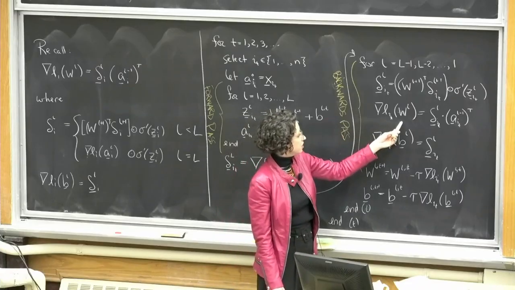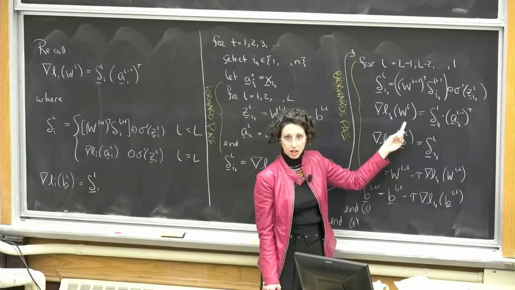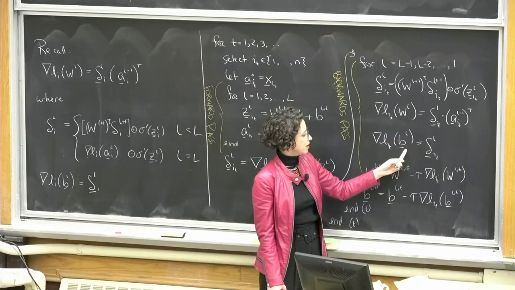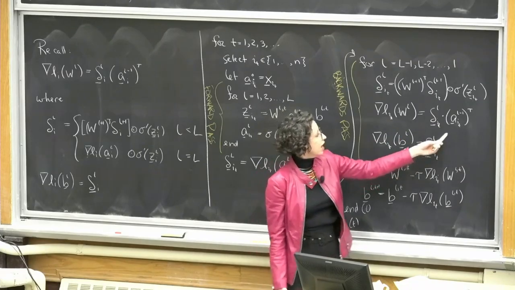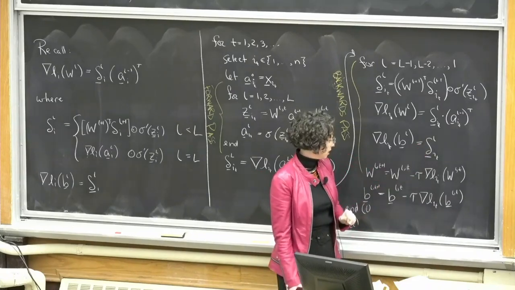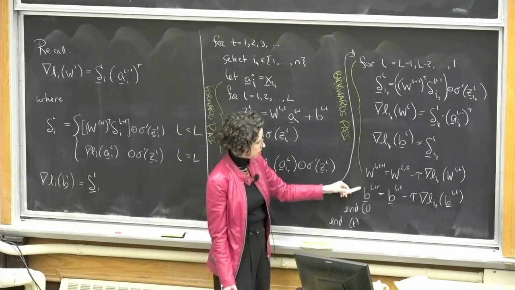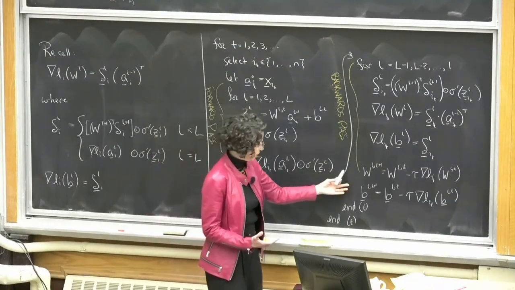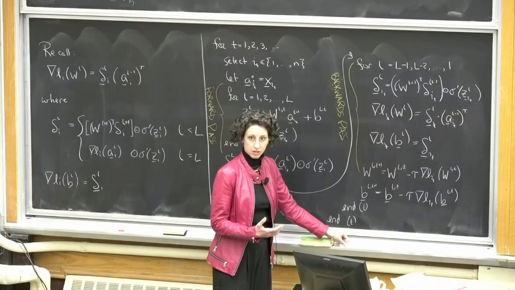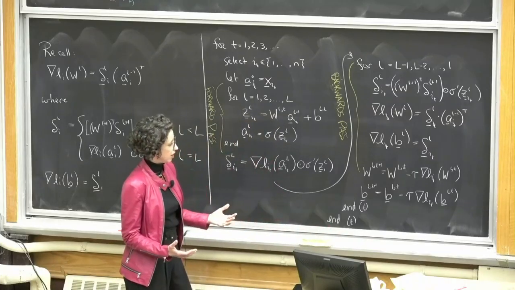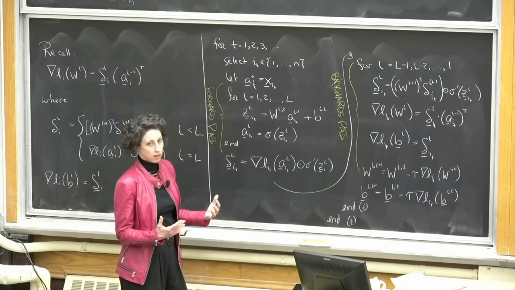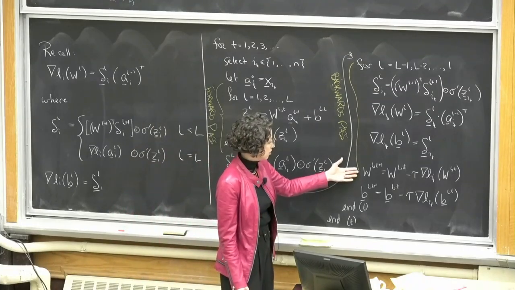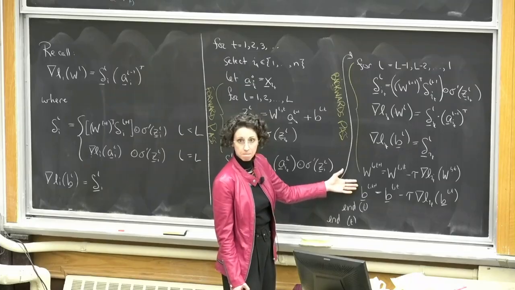Once I have those deltas, I have very simple expressions for the gradient of my loss with respect to the weights and the biases in terms of those deltas and the A's that we already computed. Once I've got those, I can compute these stochastic gradient updates, and that is going to give me my new sets of weights and biases. Just like we talked about with stochastic gradient descent in the last lecture, we would continue iterating until we stop seeing changes in the W's and the B's.